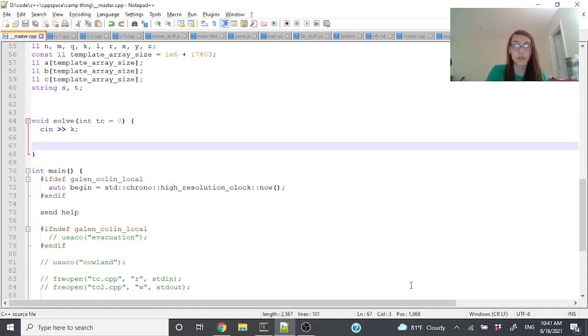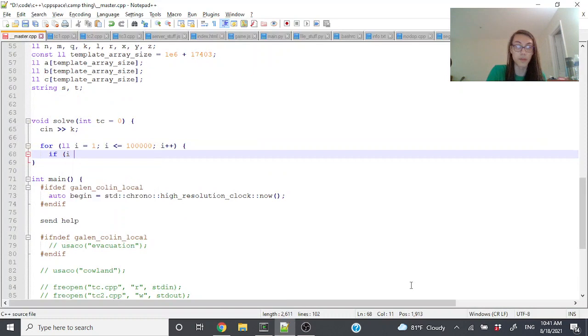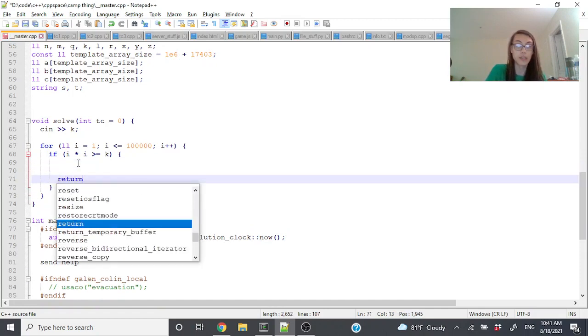For i is equal to 1, i less than or equal to just some big number. If i times i is greater than or equal to k, and this is the first number that we look at.